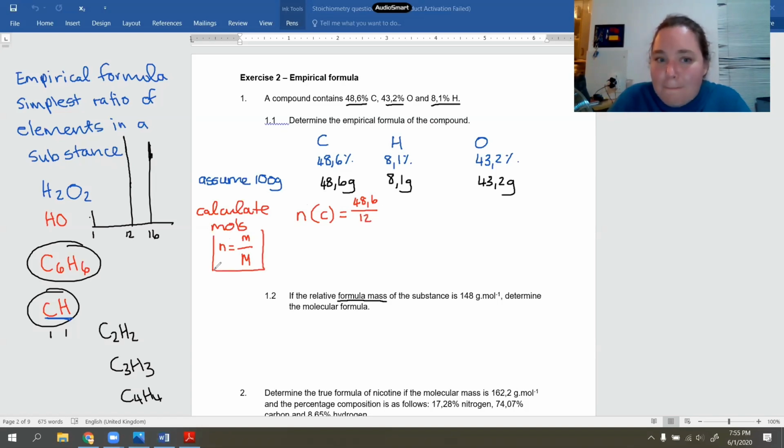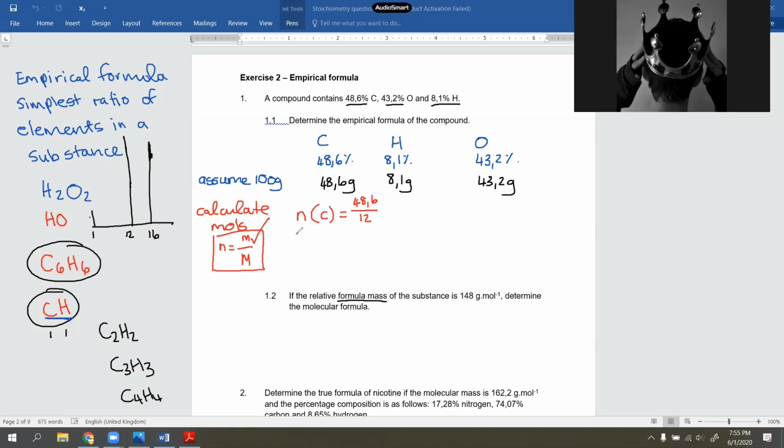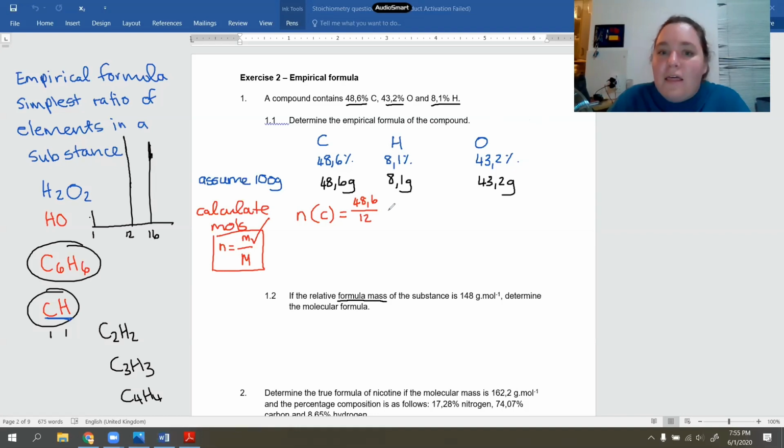This formula must appear somewhere. There is a formula mark for it, but I don't like to include it here because it gets very messy, okay? The number of moles of hydrogen is going to be 8.1 divided by 1, and the number of moles of oxygen is going to be 43.2 divided by 16.